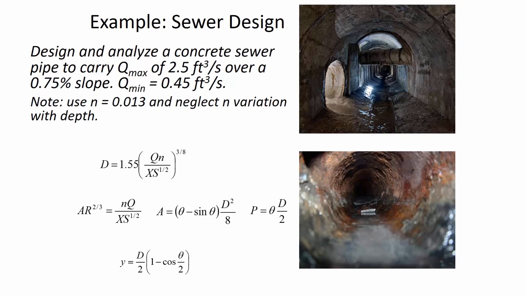Yeah, for this example, we are going to neglect N variation with depth. On the handout for the homework, though, I've described a process that you should go through where you have to make some iterative changes to not neglect that. So we'll do one and then the other.